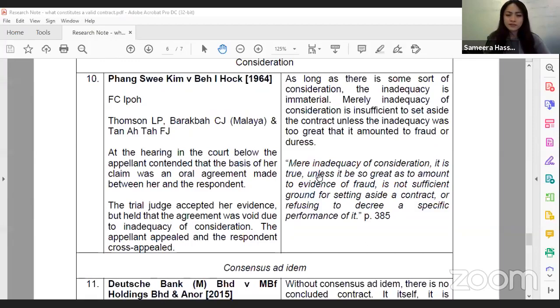Merely inadequacy of consideration is insufficient to set aside the contract unless the inadequacy was too great that it amounted to fraud or duress. Remember when I said that it doesn't have to be sufficient, it has to be adequate. So for example, if the car is 50,000 ringgit and I just paid 5,000, even though it's not exactly the purchase price of the car, the very fact that I actually paid some money and gave you some sort of transaction between you and me amounts to consideration.